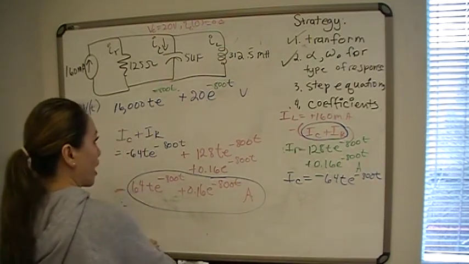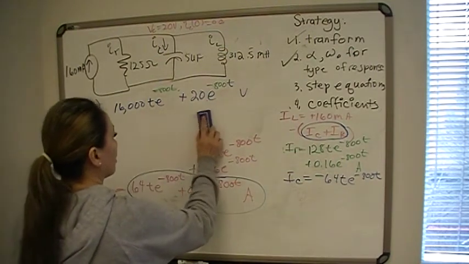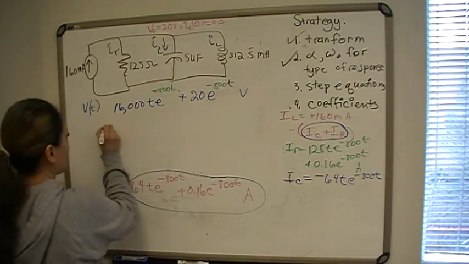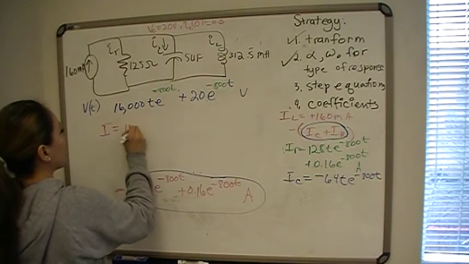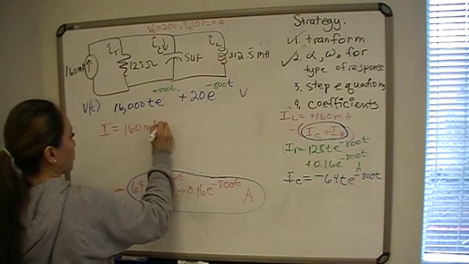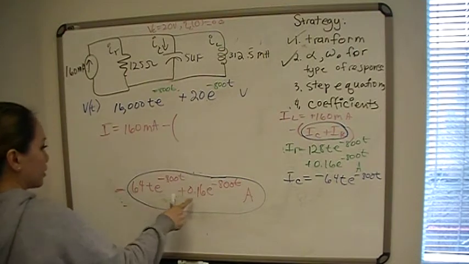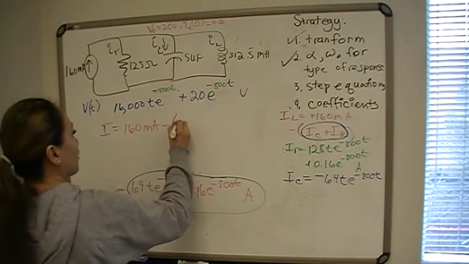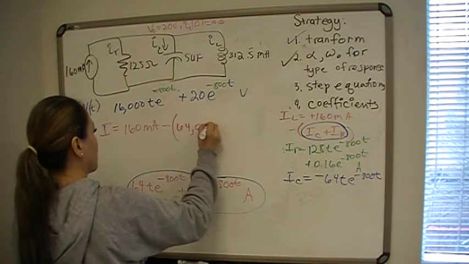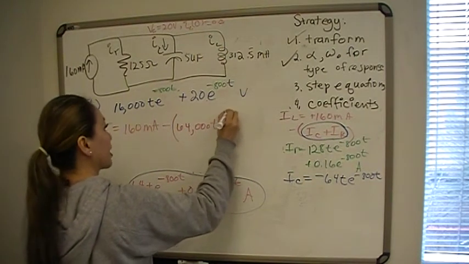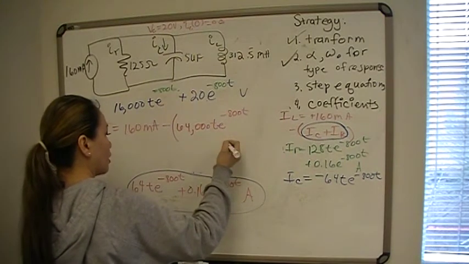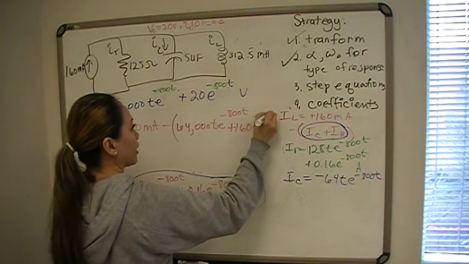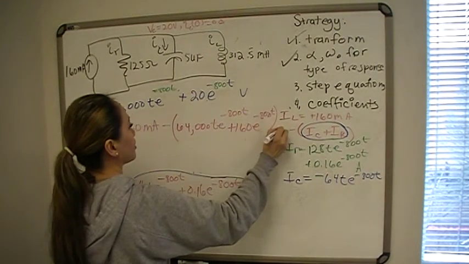So we have IL then, therefore IL will equal 160 milliamps minus this. We have this in amps, so we need to convert it into milliamps to match this. Minus 64,000 te to the minus 800t plus 160 e to the negative 800t milliamps.